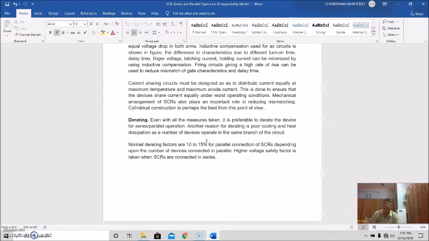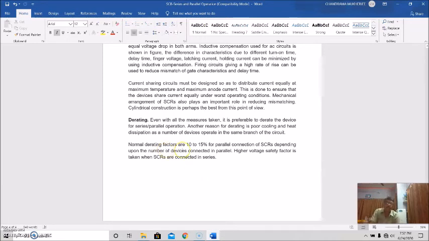The normal derating factor is actually 10 to 15% for parallel conduction of the SCRs, depending upon the number of devices connected in parallel. And a higher voltage safety factor is taken when SCRs are connected in series.